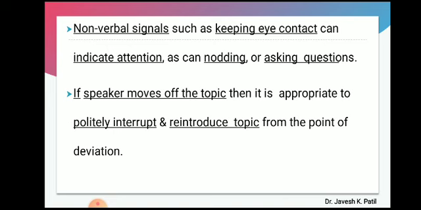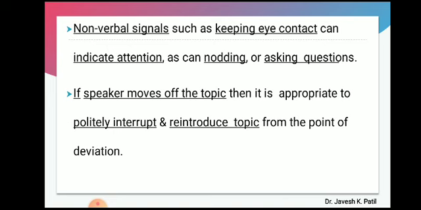Non-verbal signals like maintaining continuous eye contact generally show that attention is there, or nodding the head, as I told. Maximum attention is generally judged when the person asks a question about what they have not understood.